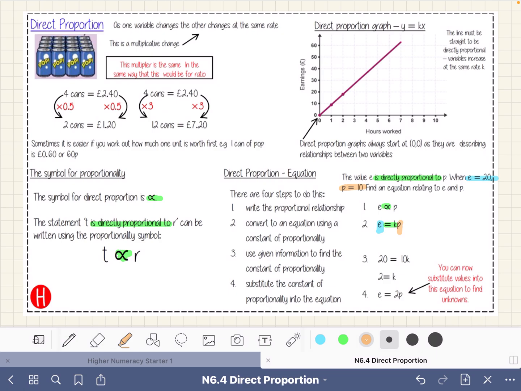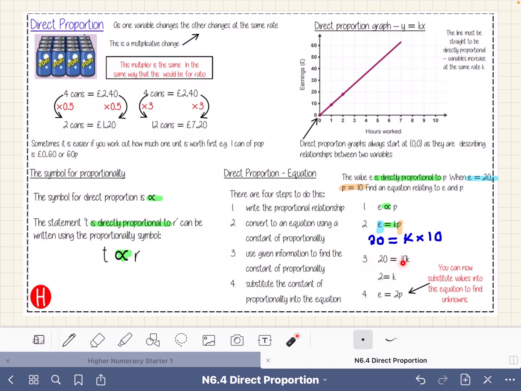So if we write that in as another step, I am now saying we have 20 is equal to K multiplied by 10. That can be shown as 10K. Now here we have 20 is equal to 10K.